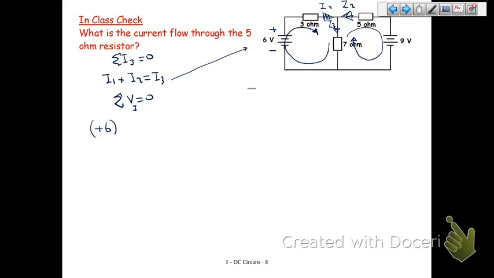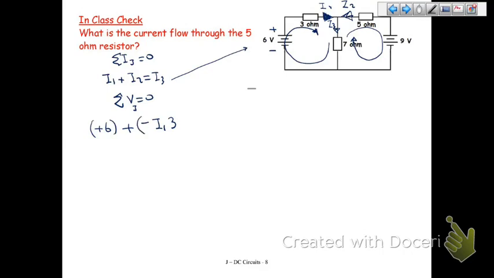And then I say added to, and I'll look at my 3 ohm resistor. I know that V equals IR, so this is going to be I1 times 3 because, look, I put the I1 through it. If my current is going to the right and my loop through that component is going in the same direction, it's a negative IR.